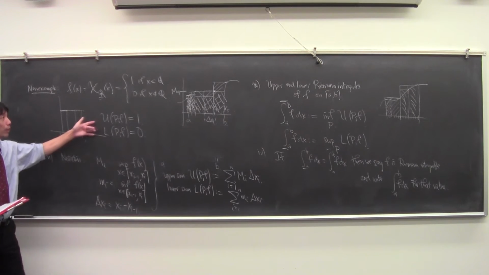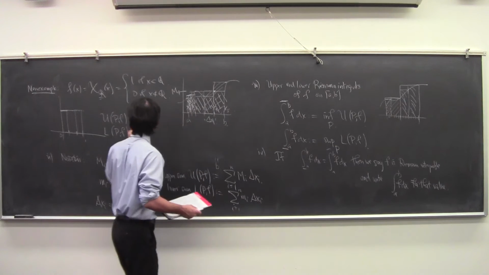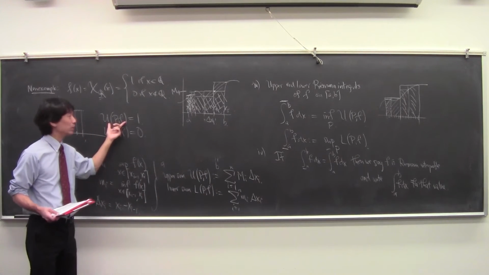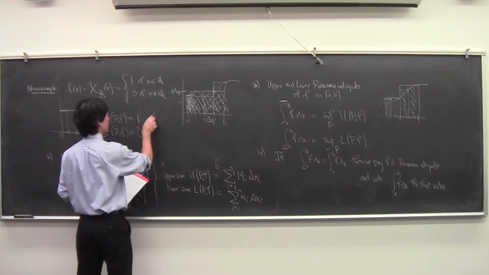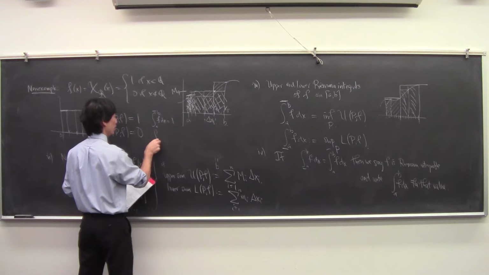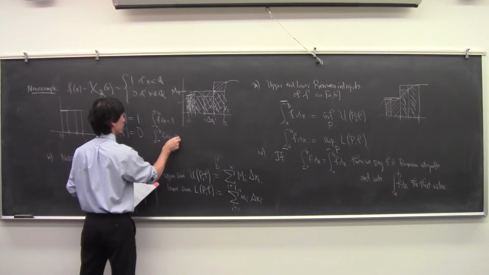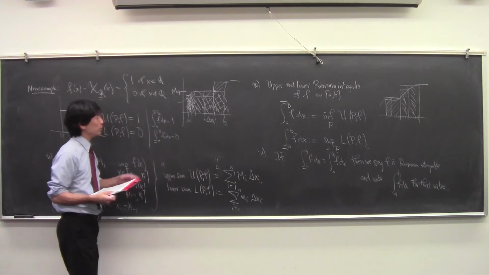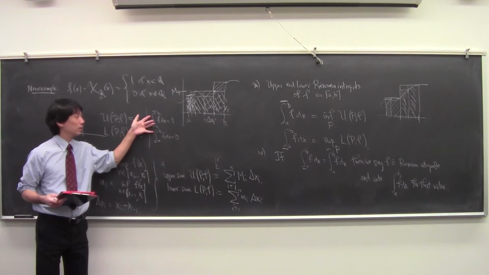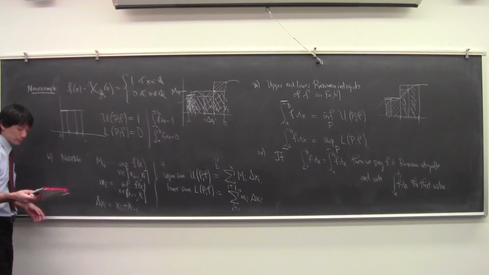And so if you're looking at the infimum of the upper sums, that's always going to be 1, and the supremum of the lower sums is always going to be 0. So for this function, you see that the upper and lower Riemann sums don't agree, and so it's not integrable.